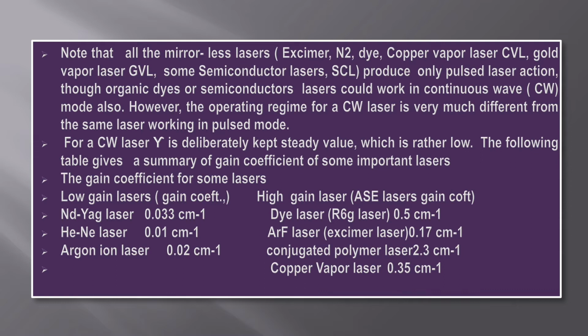Examples of high gain lasers, what we call ASE lasers, are the dye laser, which has a high gain of 0.5, just compare the neodymium laser and, on the right side, the dye laser 0.5. Argon fluoride laser is 0.17. Conjugated polymer lasers is about 2.3, it is a terrific laser which I love. And then copper vapor laser.